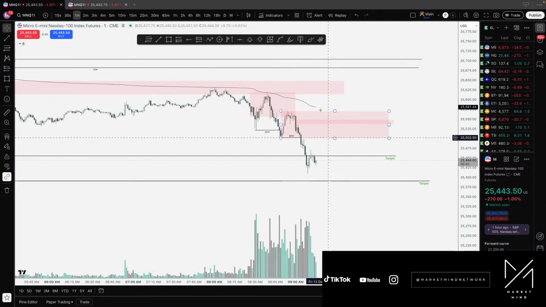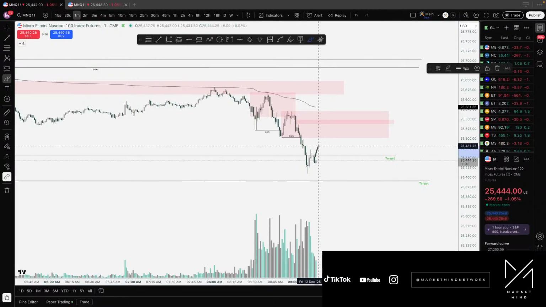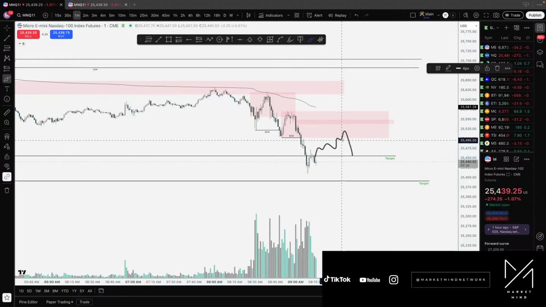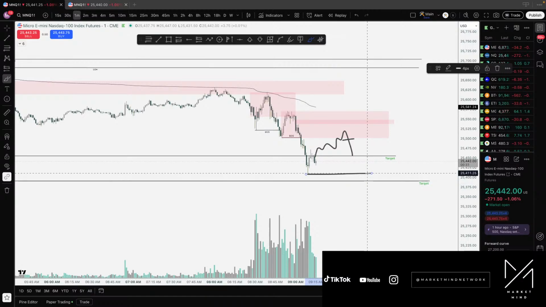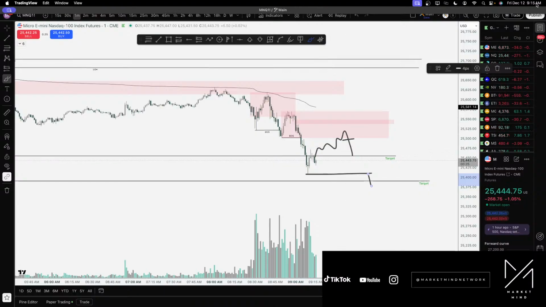If I were to wait, I would go for something like this, and then wait for a structure change, and then maybe first take profit there and let the rest run into that target. I think it's gonna happen close to 11.